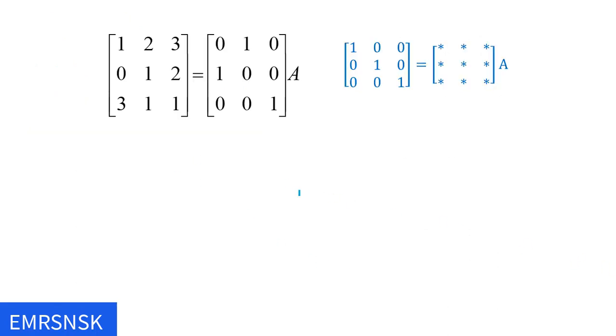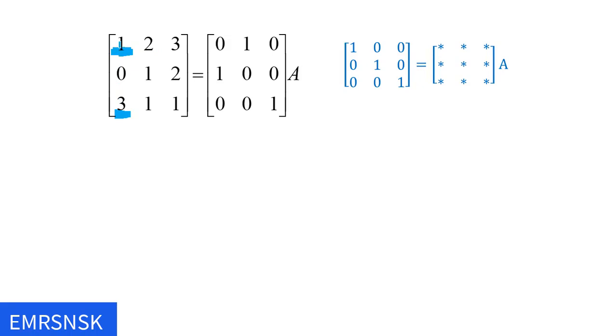What we will do, since we need this element to be 0, I will make this element 3, means this will be 3 and this will be 3. So for that purpose I have to multiply the first row by 3.